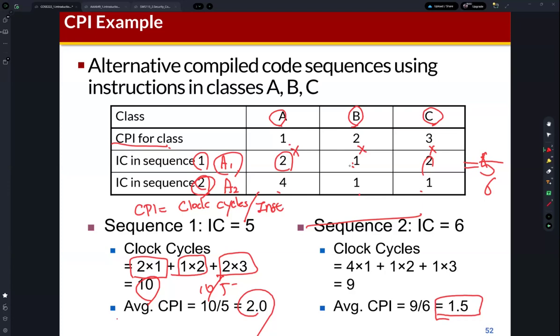Actually, the basic equation is very simple. In order to measure the CPU time, it is the instruction count multiplied by CPI multiplied by TC.